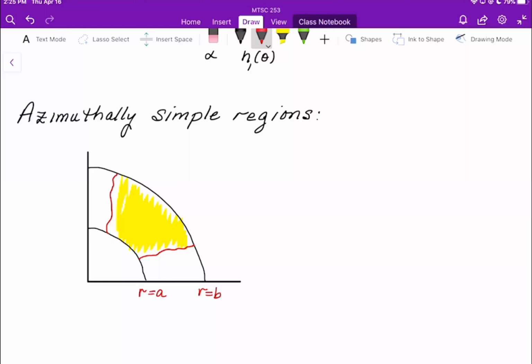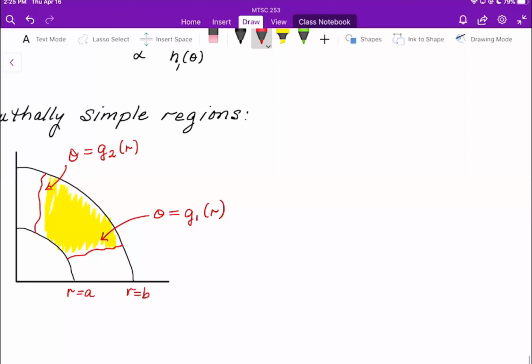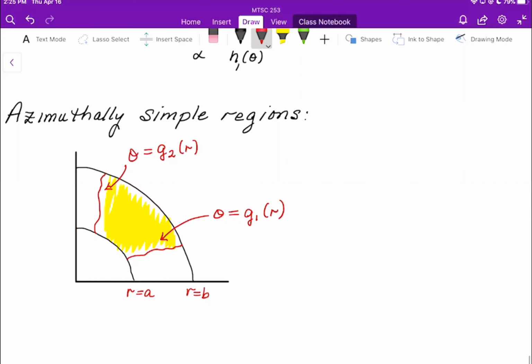And then this is theta is equal to g1 of r. And this is theta is equal to g2 of r. So basically it can change based on what the radius is. So now I see that my radius clearly goes from a to b, doesn't change. But what can change is the theta.